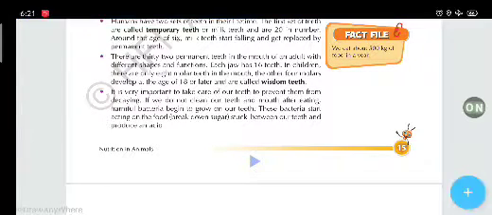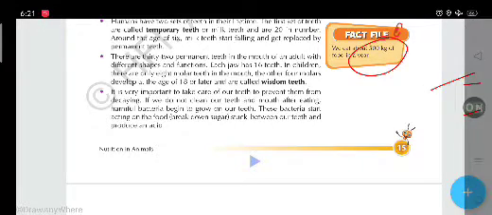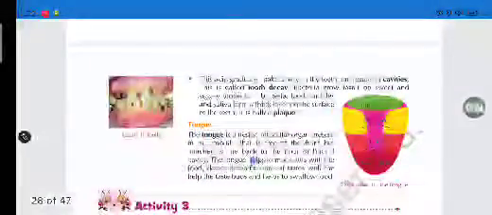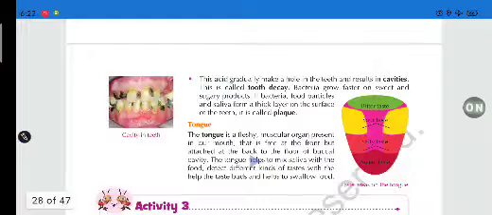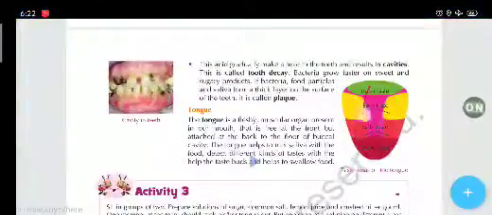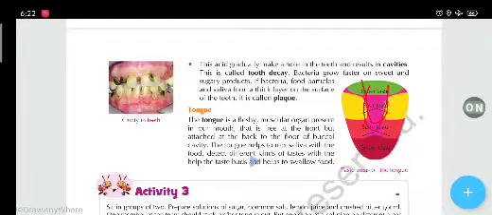Here is a fact: we eat about 500 kg of food in a year. Very interesting thing. 500 kg food, and this acid gradually makes a hole in the teeth, and this results in a cavity. Cavity means the hole which is present in our teeth, and this is called tooth decay.